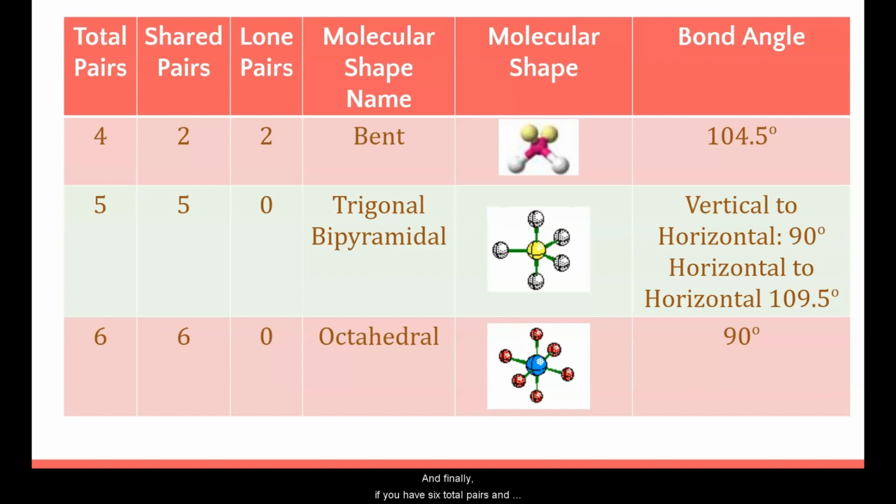And finally, if you have 6 total pairs and 6 shared pairs, you're going to have an octahedral where everything is 90 degrees from each other measured from the central atom. Okay, I'll give you a moment to digest this, think about it, go ahead and pause the video and just go, phew, I got this thing written down.